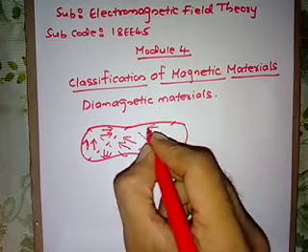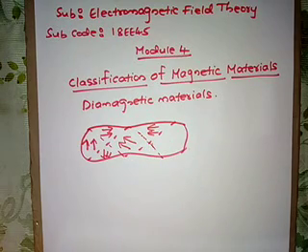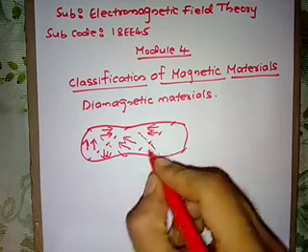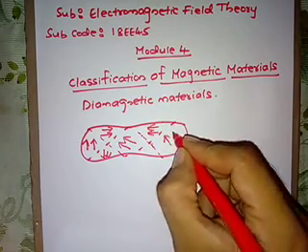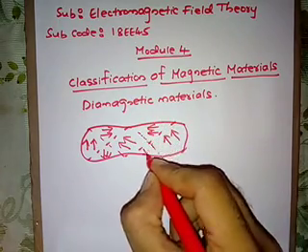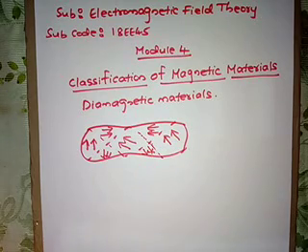In the same domain, the direction remains the same, but when we consider different domains, different regions, their directions are different. So here it is downwards. In a single domain, the directions are parallel to each other, in the same direction.